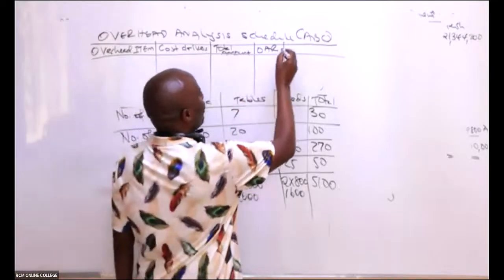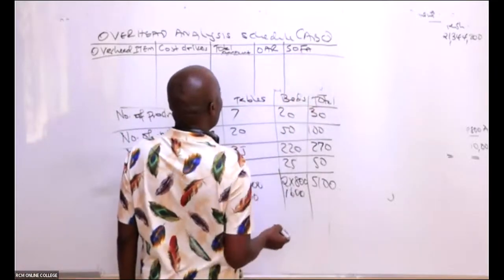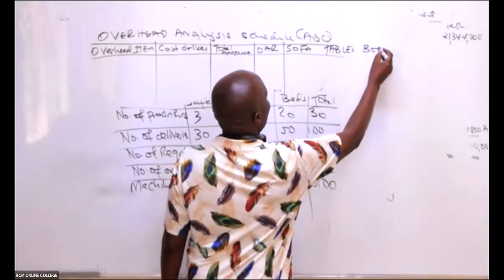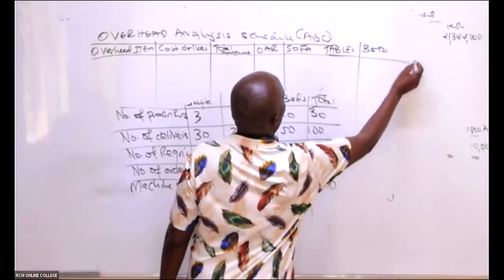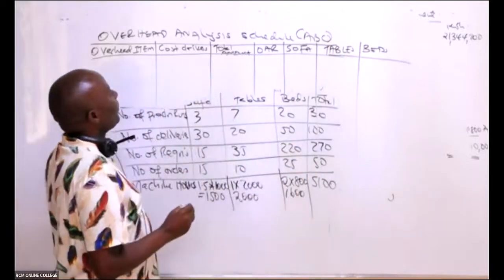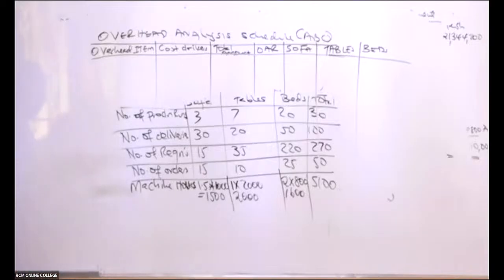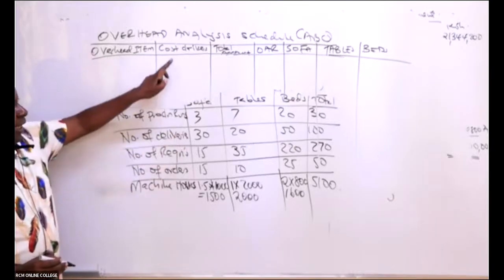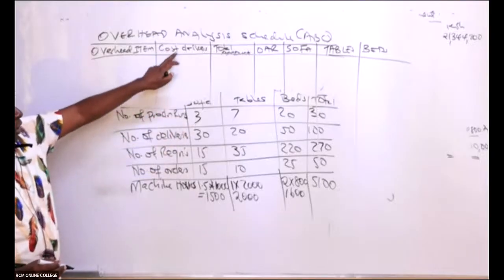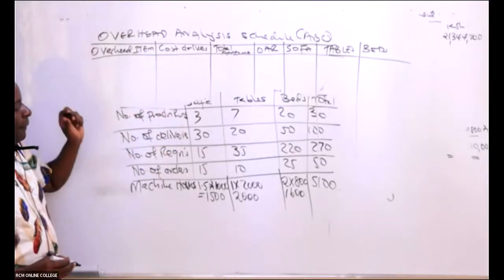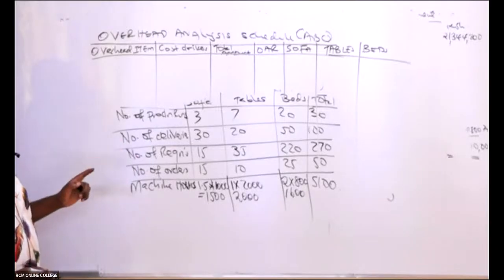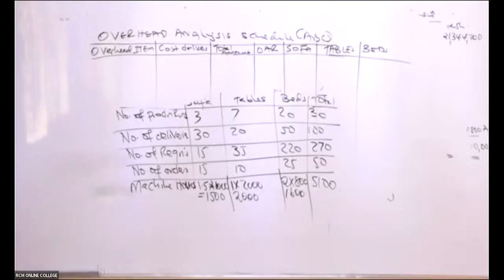So we have tables, we have beds, like that. So for overhead item, the cost driver connects this table, and it will be very important for you to have cost drivers. Total amount, overhead absorption rate, then sofas, tables, beds, like that.